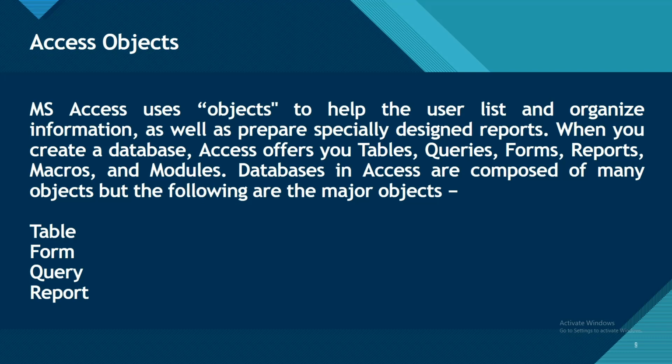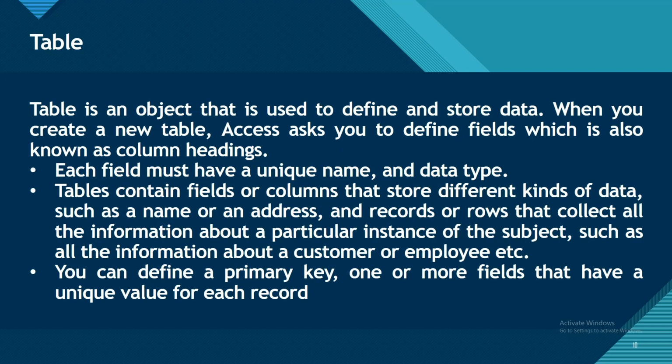Like when you create a table, that is also a kind of object. Now in this lesson you will learn about each of the four objects and come to understand how they interact with each other to create a fully functional relational database. Now let's understand each object with an example.